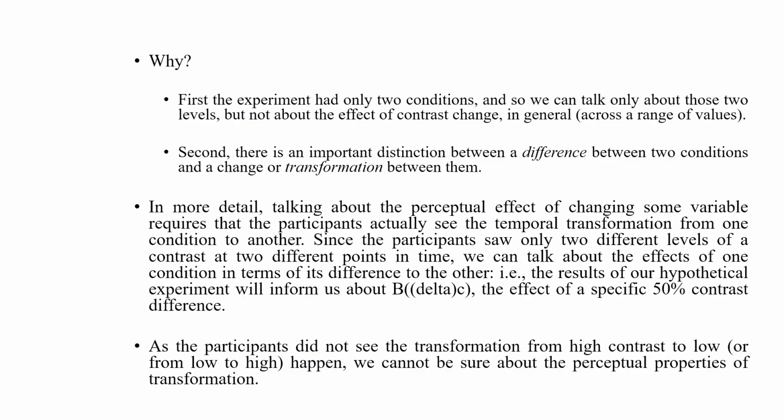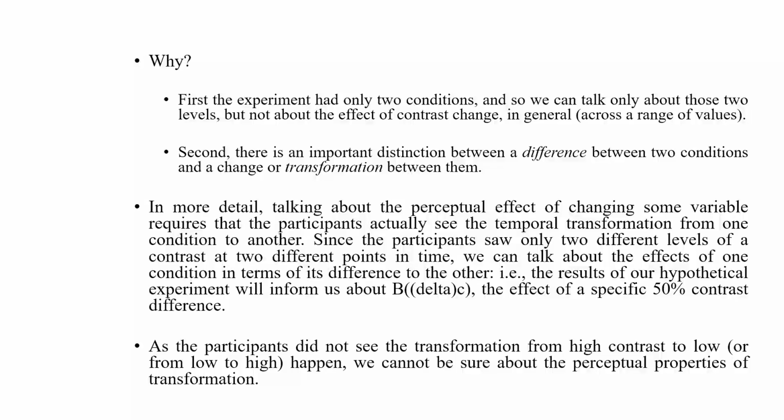Because let us say in the first case, this 100% contrast or 50% contrast thing, the experimenter had only two conditions, so we can talk only about those two conditions. Let us say you have three conditions, 0, 50, 100, then you can talk only about three conditions. You cannot talk about what happened from 0 to 50 or 50 to 100. You can talk about what happened at 50, at 0, at 100, but you cannot talk about the effect of this change on mental process.